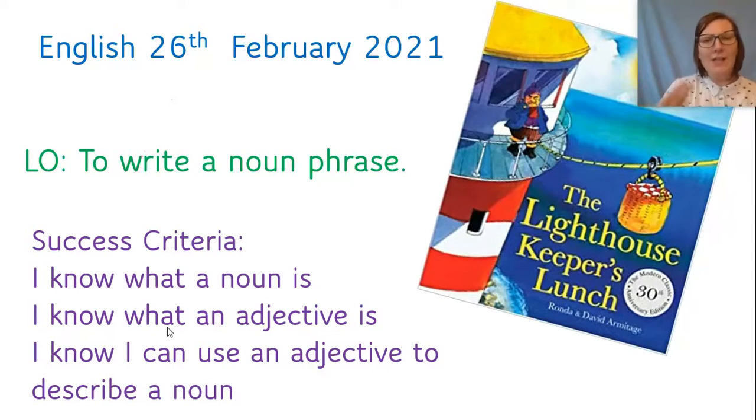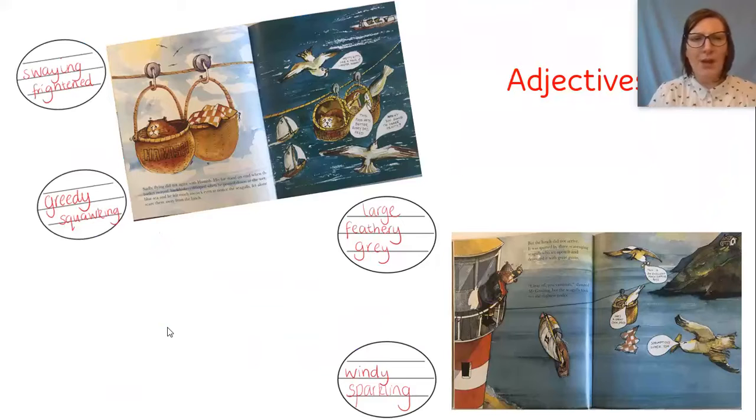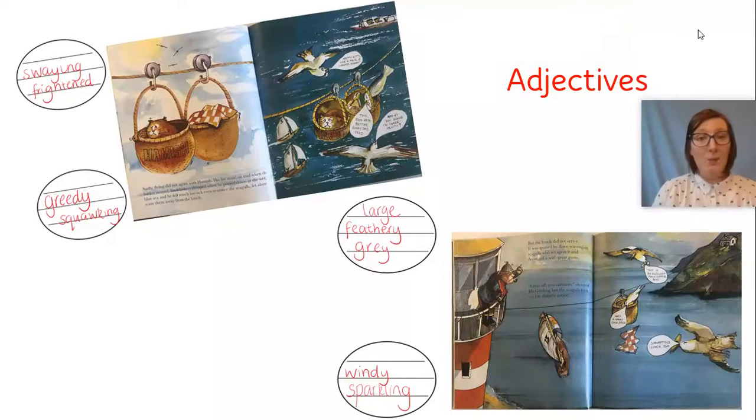And we're going to have a practice at a few of them first, okay? Because yesterday you were having a look at lots of adjectives. You were looking at some other words as well, but you used lots of adjectives. So, for example, large, feathery, grey, greedy, frightened, windy, sparkling. I bet you got loads of fabulous words yesterday.